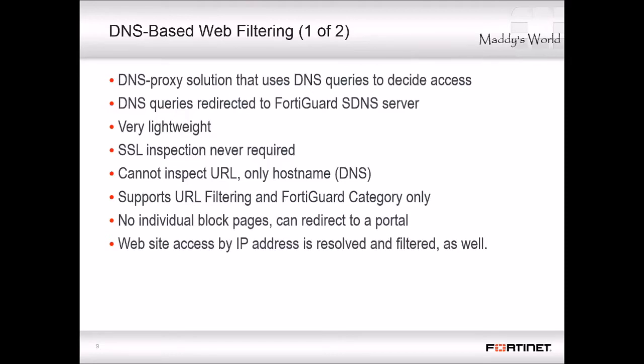Since it is working on the DNS level and not proxying or parsing HTML traffic, it is very lightweight on both memory and CPU resources. When accessing a website by IP address, the FortiGuard service resolves the address. Therefore, a website that is normally blocked by URL is also blocked by the IP address.